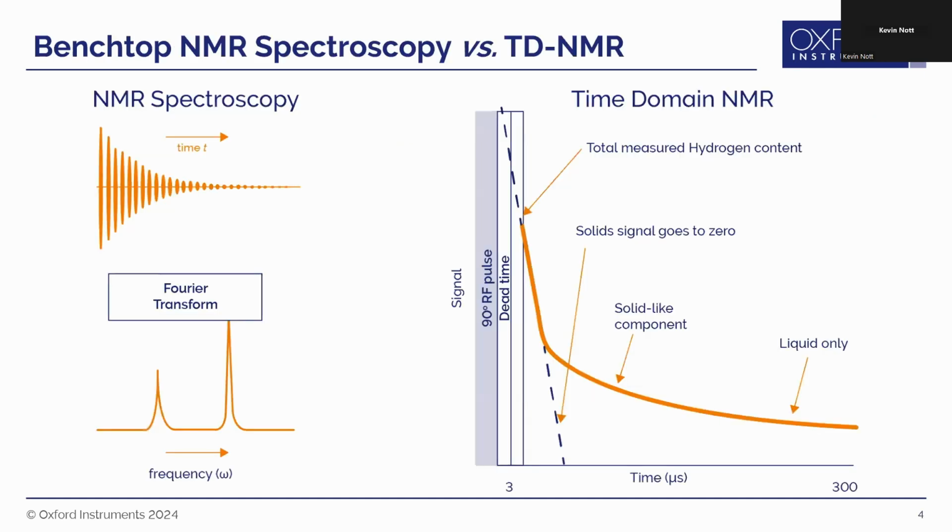Firstly, I need to point out that the differences extend beyond acquisition of a spectrum or a time domain signal, as the hardware must be optimized for the particular measurements. And indeed, the magnetic field strength and homogeneity doesn't need to be as high as that required for spectroscopy, and this means that the measurements are less sensitive to the sample type, shape, and homogeneity, although we do need ppm homogeneity to prolong the free induction decay signal.